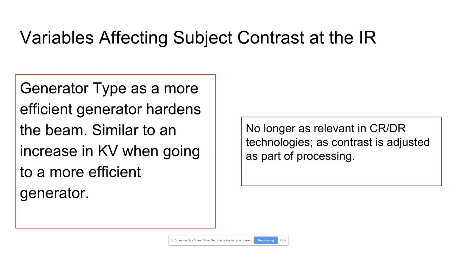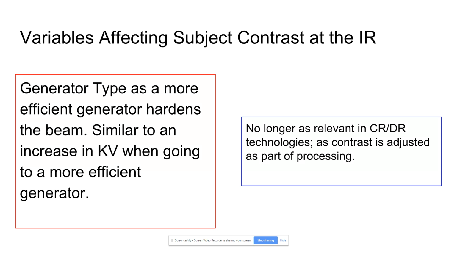Generator, again, in terms of contrast. If you understand the last slide and you think about generator as giving you more kV, like a higher percentage of photons are going to have a higher kV when you go to a more efficient generator, that's essentially the same as saying, I'm starting with a higher kV. And what does kV do to contrast?